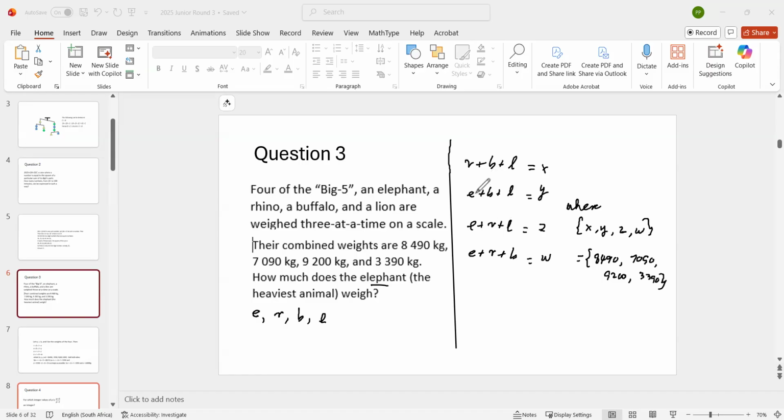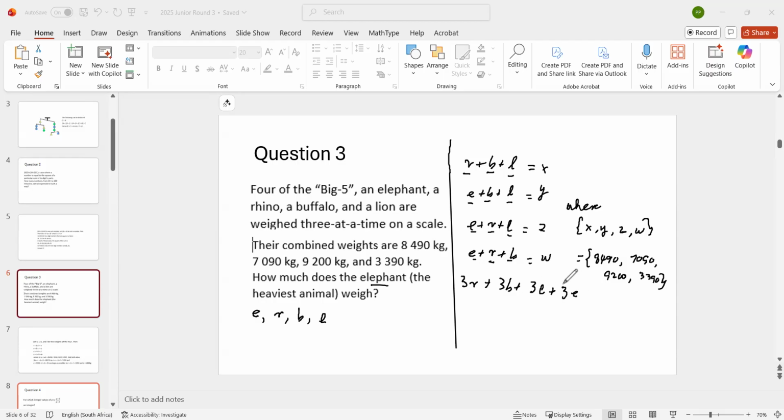If you look on the left-hand side, you got 3 R's, R, R, R. So when I add the left-hand side, I got 3R plus, likewise, I got 3 B's, and I got 3 L's, L, L, L, and I also have 3 E's. I got an E here, an E here, and an E here, 3 E's.